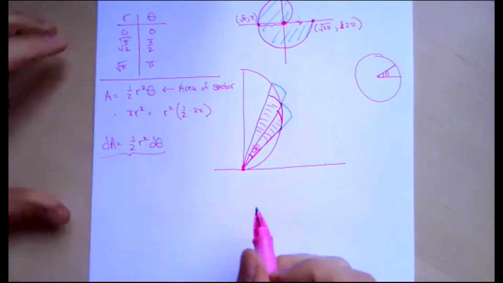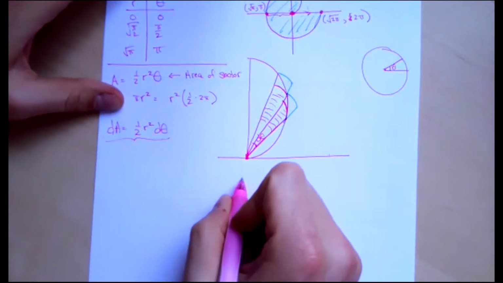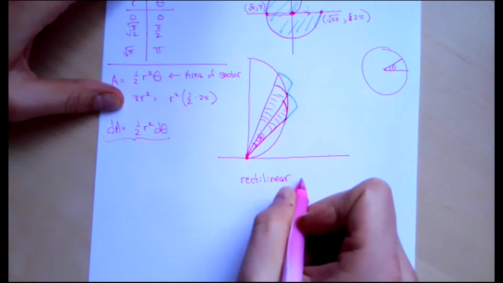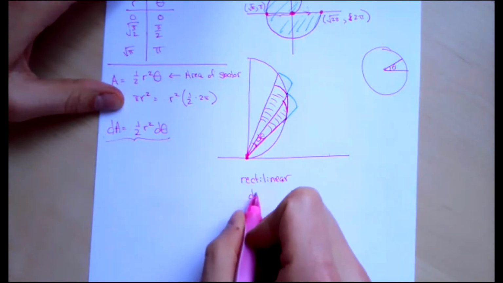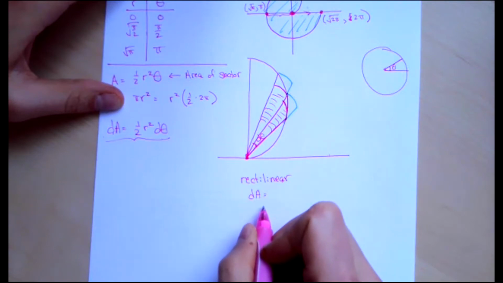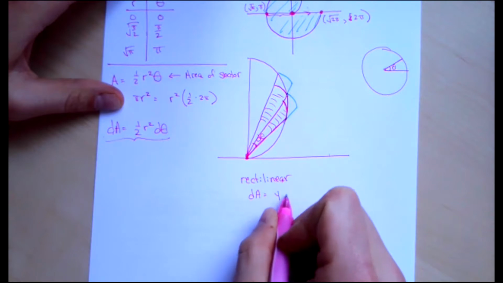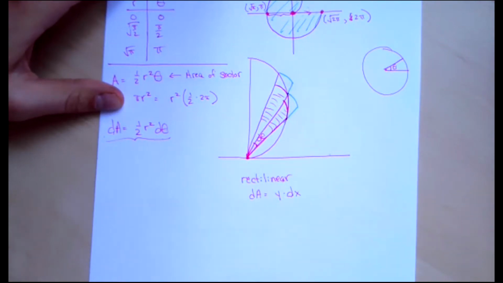What's the key difference? In rectilinear, well, we're using squares and rectangles. So our area differential was just the base times the height. And the height is just given by y.